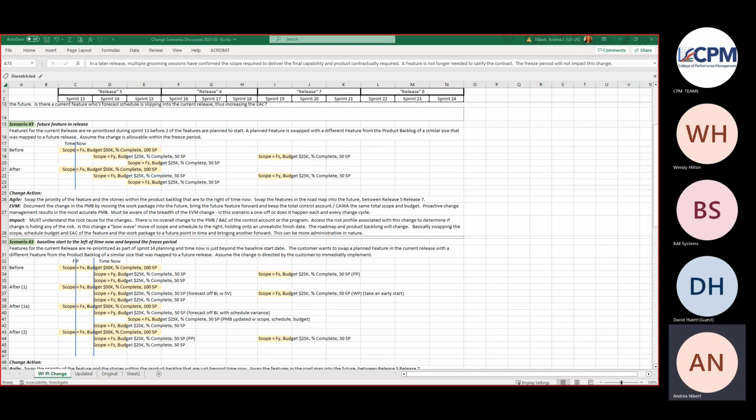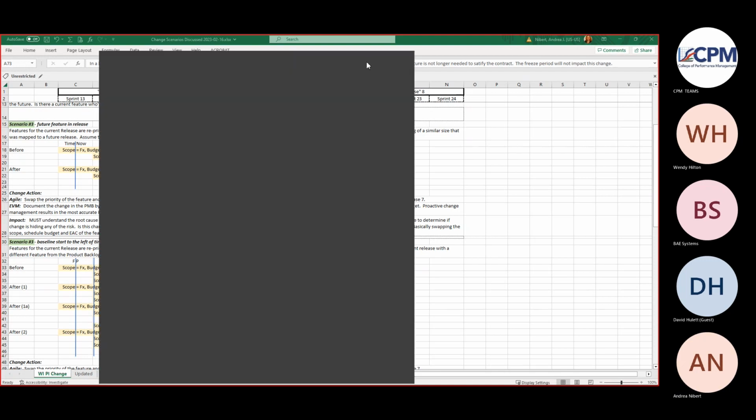Oftentimes once we start talking, it jogs people's memory for the type of change that they are seeing. So I'm going to the guide scenarios. So we've already covered scenario 1 and scenario 3. So let's go ahead and then dive into scenario 2.